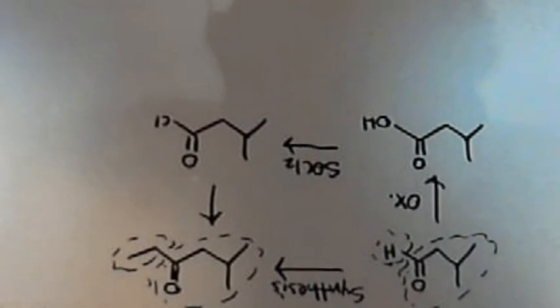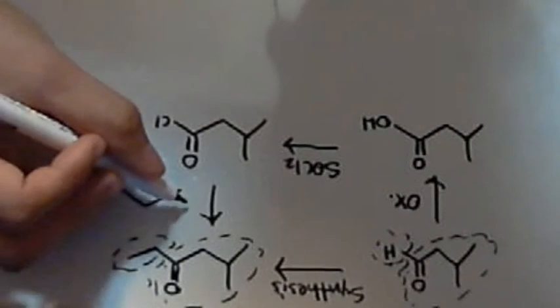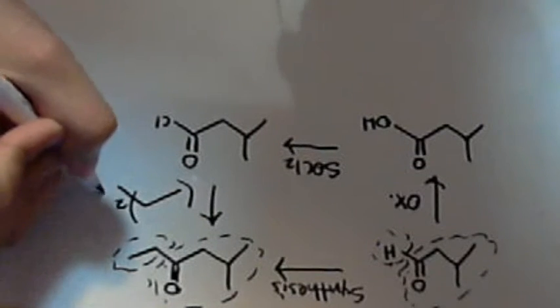So how we do that is we add two carbons and we make sure that one of the carbons we add is nucleophilic, right? So there are two options we have, right? We either have this copper lithium option, or we have this magnesium bromide option.